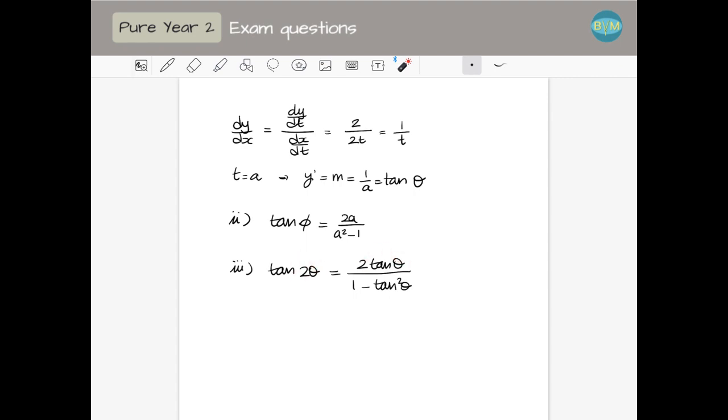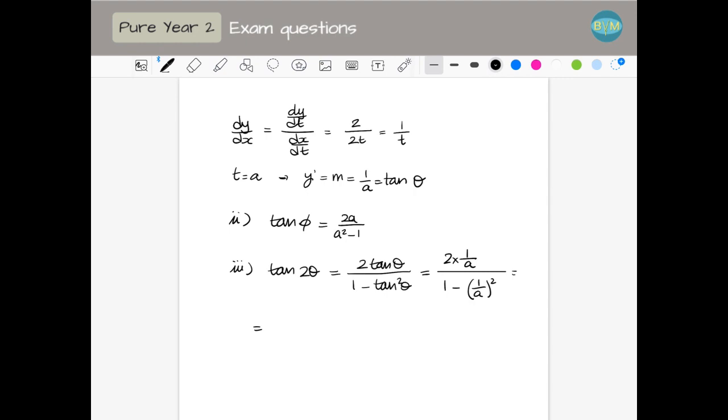Tan theta is 1 over a. We found it before, so we are just going to substitute in terms of a. So this is 2 times 1 over a divided by 1 minus 1 over a squared. And we are going to work with this expression, and see if this is equal to tan phi, which is this value here.